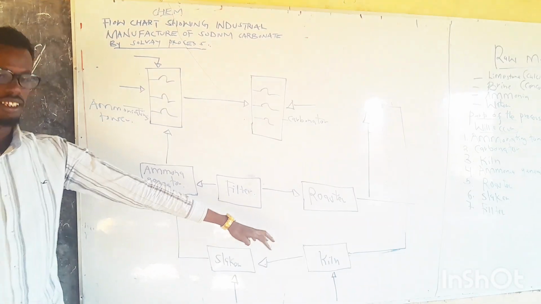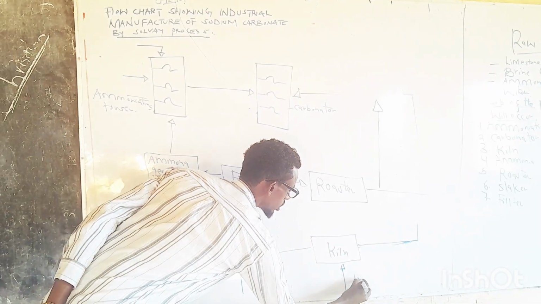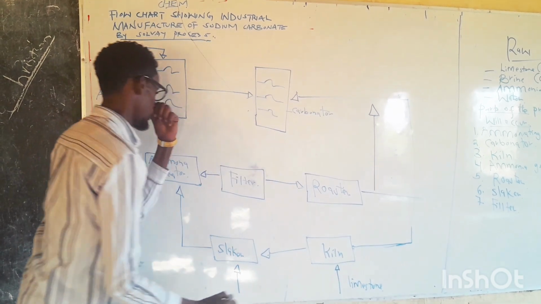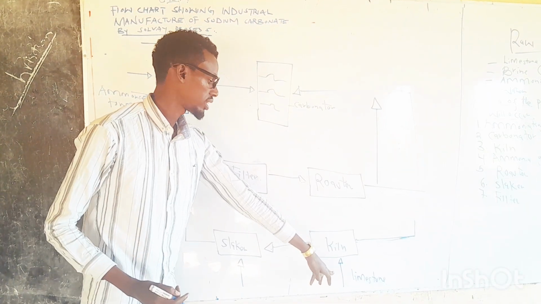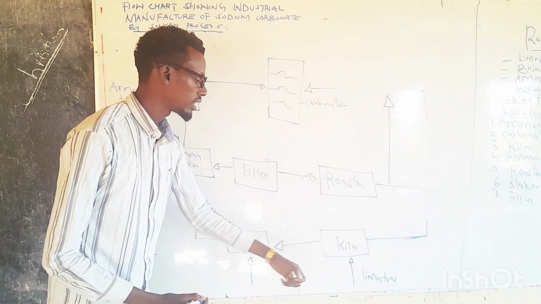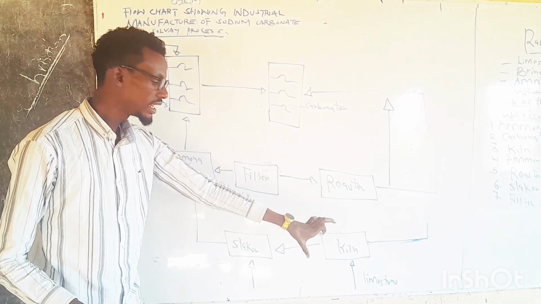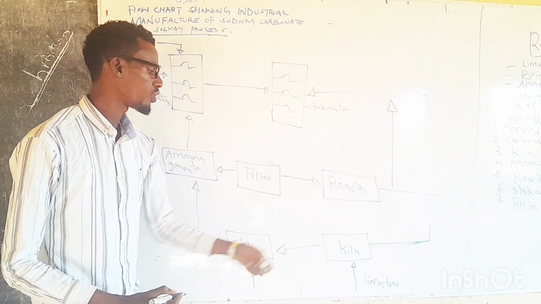In the kiln, limestone comes in. Remember, the limestone is calcium carbonate. The calcium carbonate in the kiln will be decomposed by heat to produce calcium oxide and carbon dioxide.